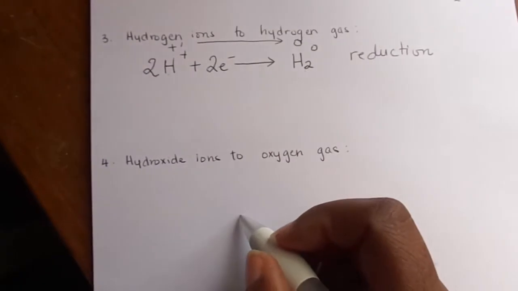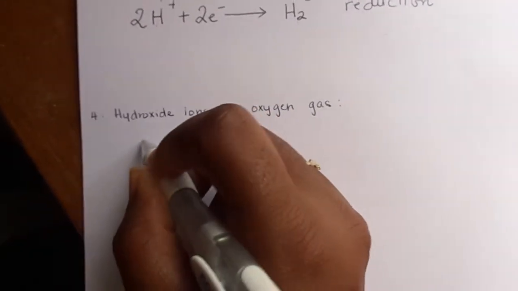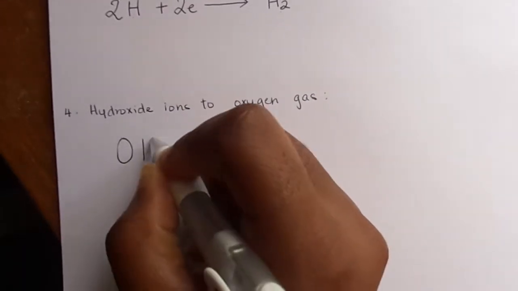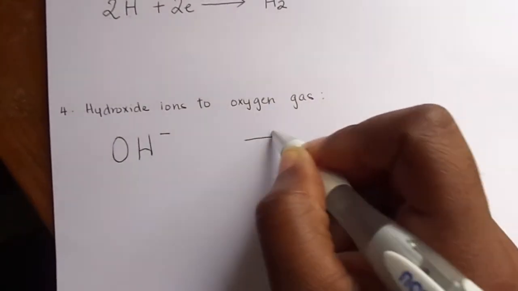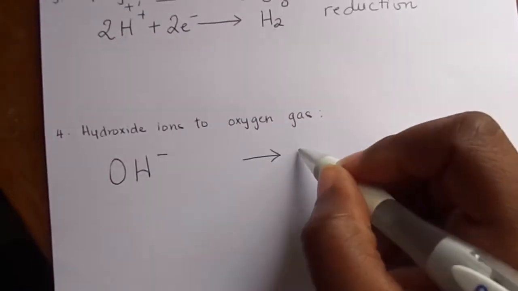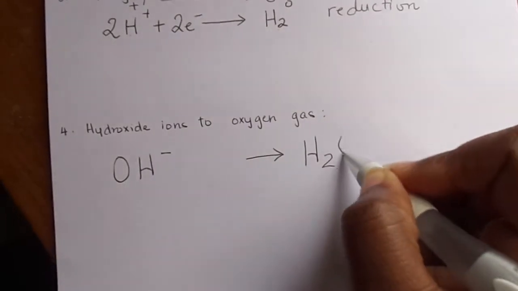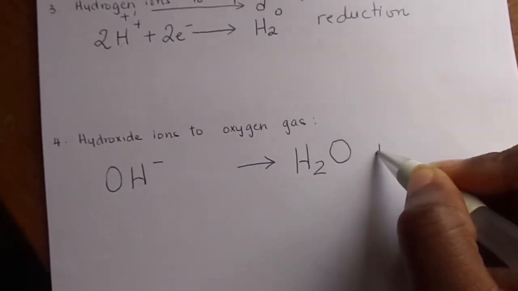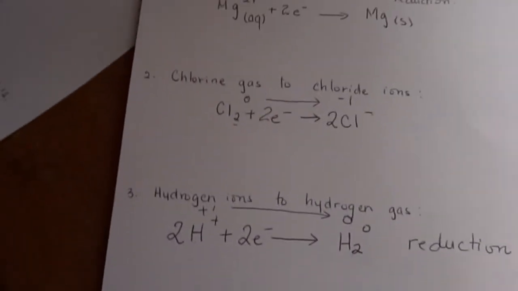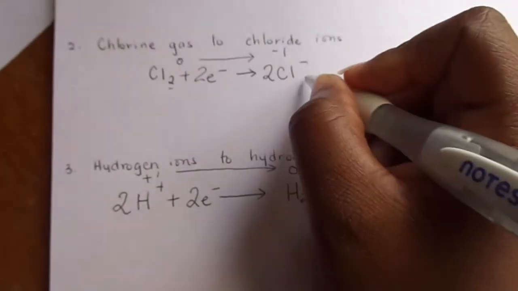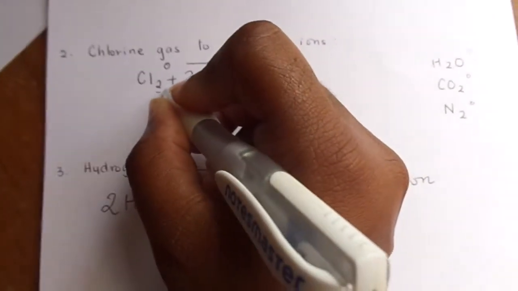And now this is the one that kills most people. We're going to go from hydroxide ions. The decomposition of hydroxide ions is usually water and oxygen. The hydroxide would be aqueous, and the oxygen would be a gas.